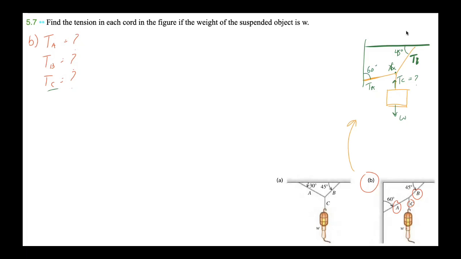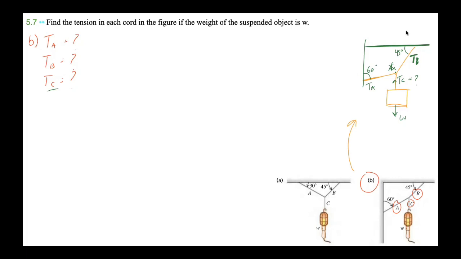There is a force component of tension that pulls upwards, and then there's also this horizontal component of tension A, and similarly with tension B. So tension B horizontal, and this is also going to be tension B. Actually, I'm going to draw it differently.